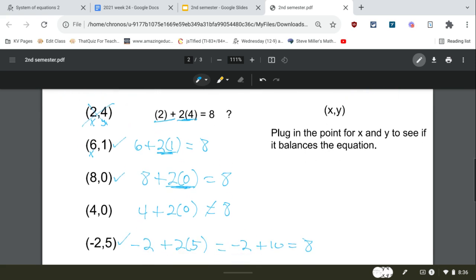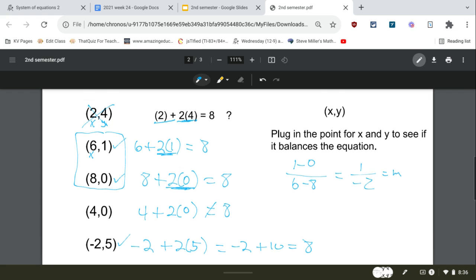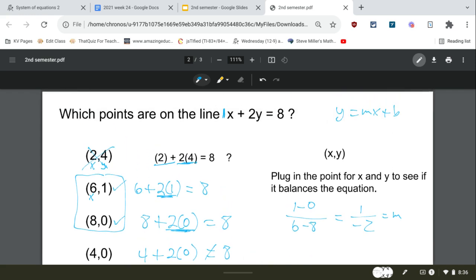But I could find the slope by just applying the slope formula on those 2 points. If I do 1 minus 0 as my top, and then 6 minus 8 as my bottom, I'll get 1 over -2. And that would be the slope of that line. Okay? All right, let's move on.